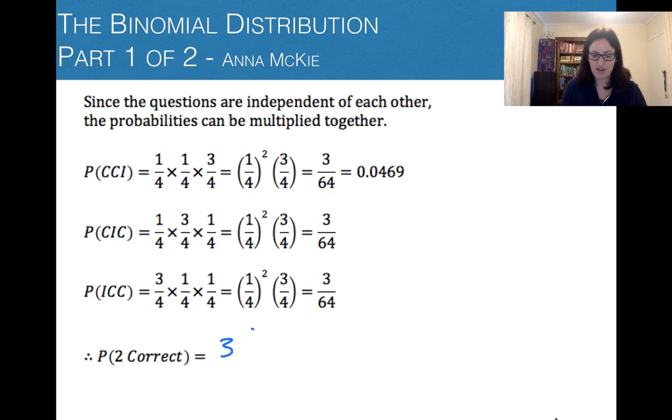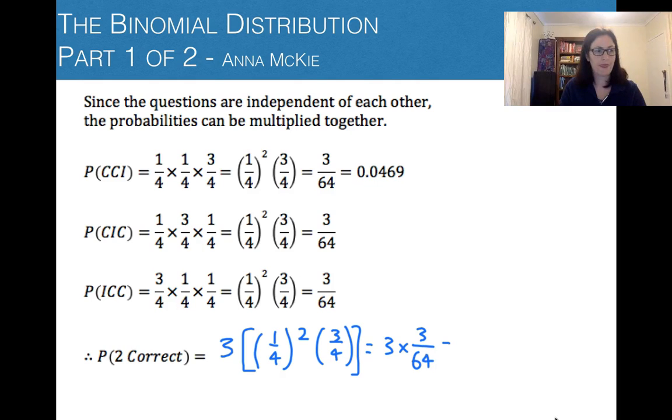So I might just put that in a square bracket so we can see the difference. 1 on 4 squared times by 3 on 4. And that's the equivalent to 3 times 3 on 64, which is 9 on 64, or 0.141. Writing it as a fraction or a decimal is fine, either answer is correct. So we talked about the fact that there were going to be 3 lots of that probability.